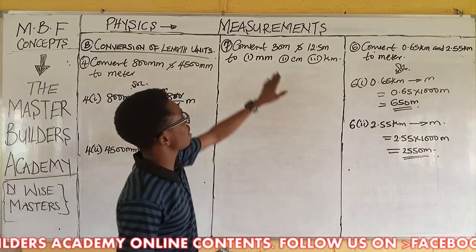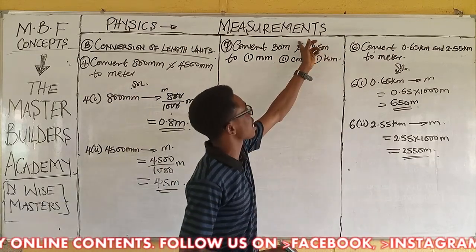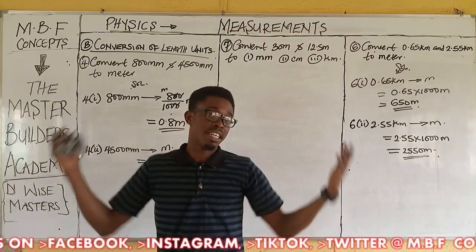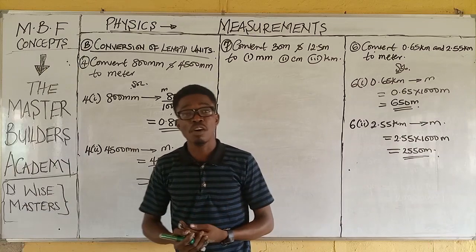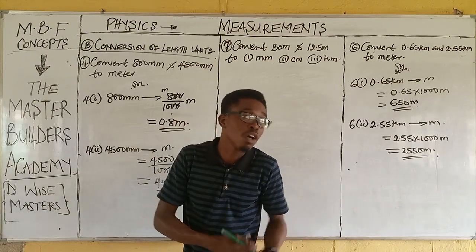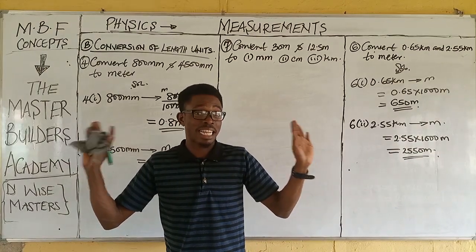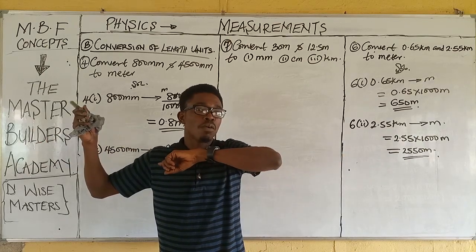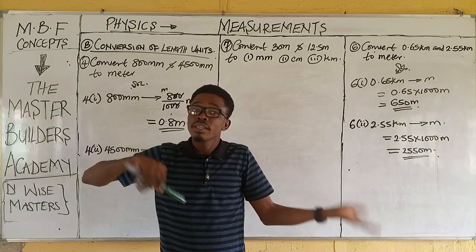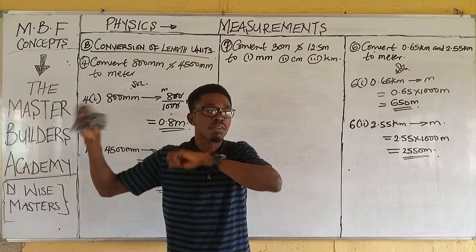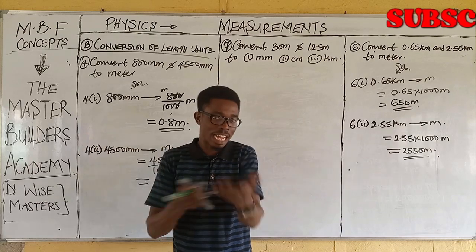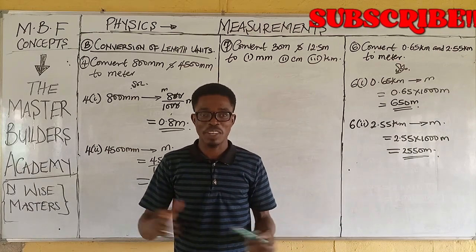Of course, we have already converted from all of these units to meter. Now we want to convert from meter to all these other units. Very simple. If you multiplied before, you will divide. And if you divided before, you will multiply. That's all. I leave this question for you to solve, but let's solve it together.